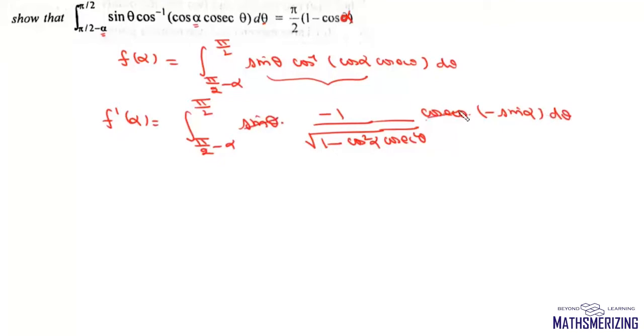Now sin θ into cosec θ is 1, and then plus, I will put the upper limit.